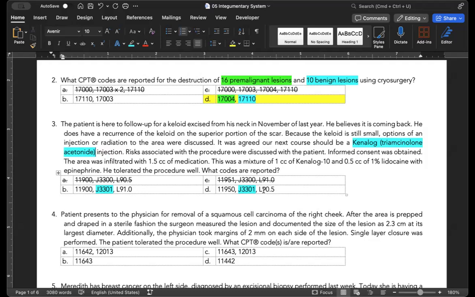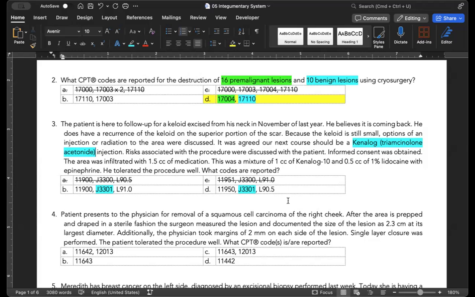11900 is for an injection intralesional up to and including 7 lesions. And then 11950 is our subcutaneous injection of filling material, 1 cc or less. So the question is, the substance that we are injecting, is that a filling material or is it just going to be an intralesional injection?